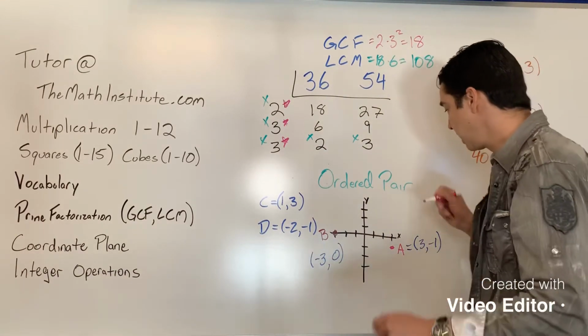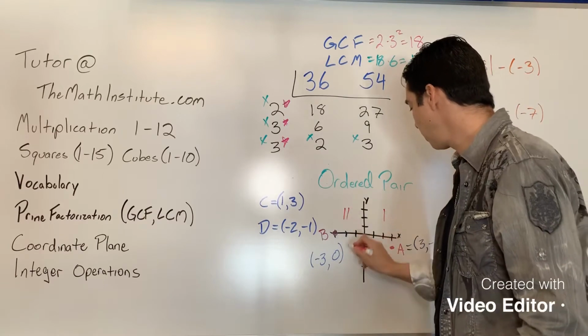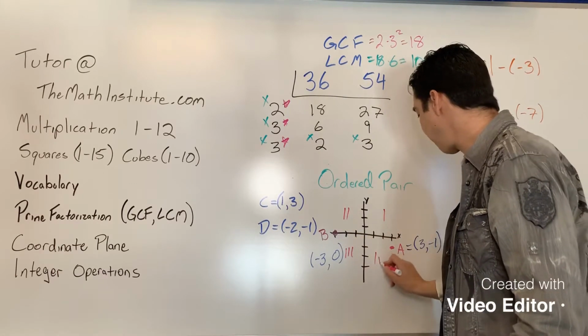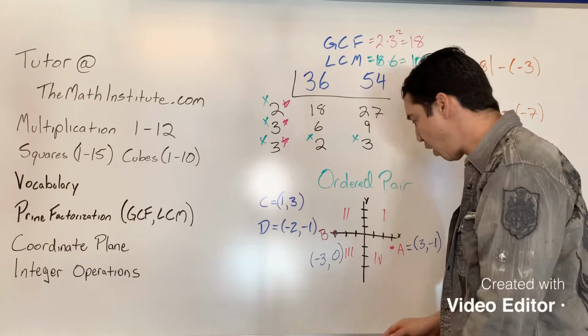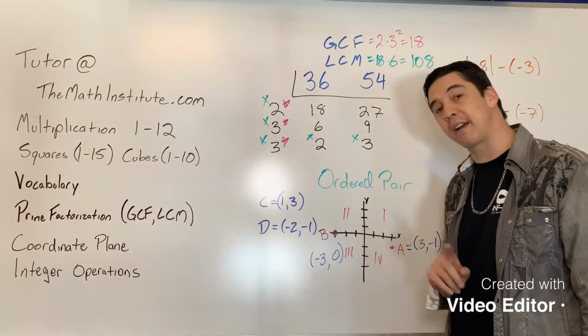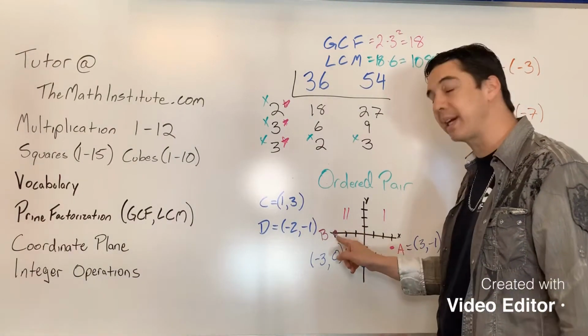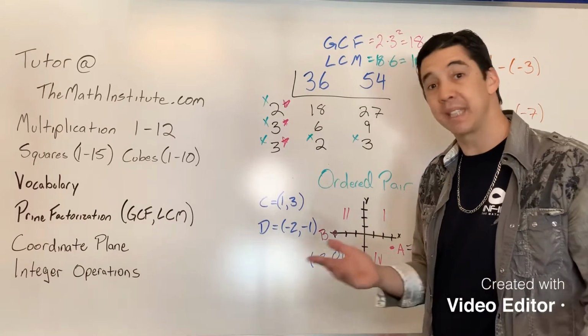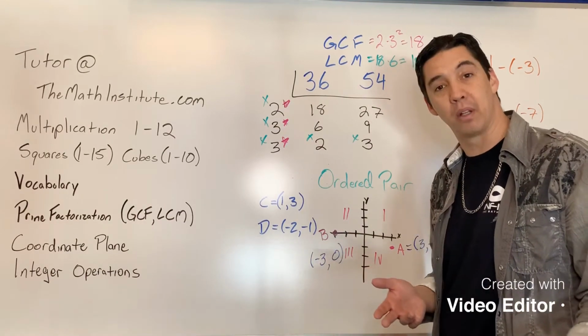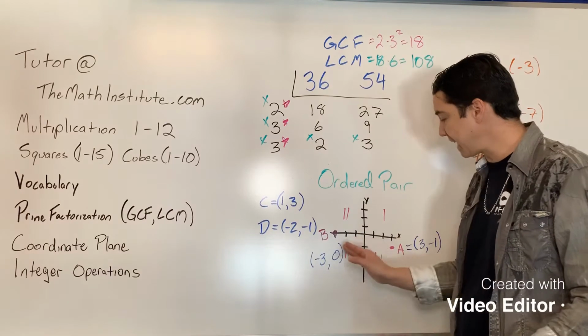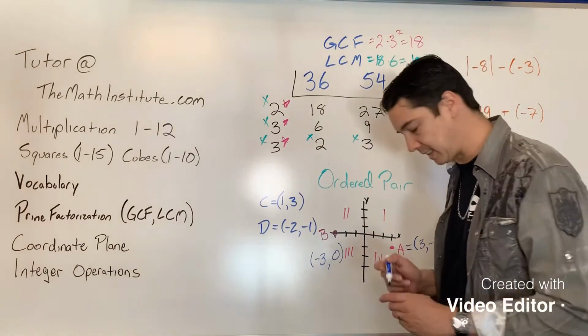This is quadrant 1, 2, 3, and 4. And on your homework, you might have noticed they asked you to identify which quadrant a point on the axis is. It's not in a quadrant. It's not applicable. The quadrants are inside the axes.